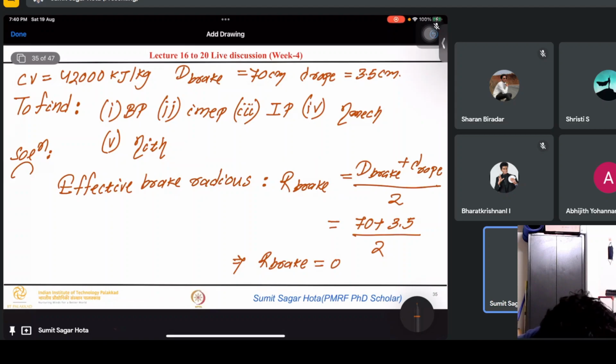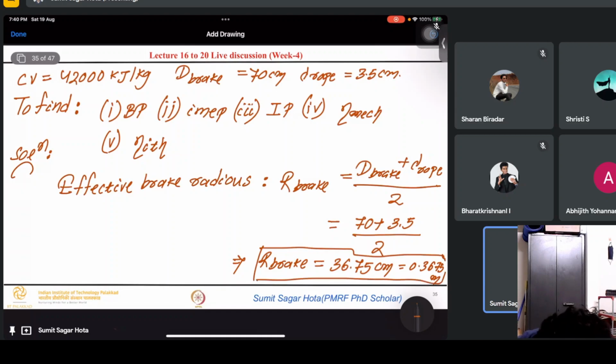R brake comes to be 36.75 centimeter, 0.3675 meter. Okay.